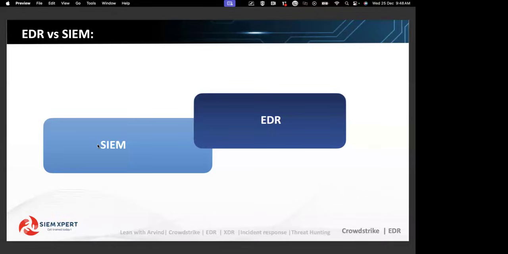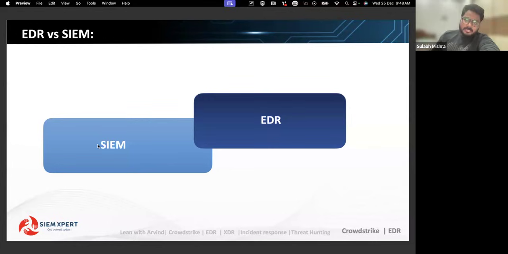File level activity EDR is able to monitor. Simply put, anything happening within the host, on your laptop or your mobile phone, EDR is capable of handling. But what about the data coming in from outside to inside?